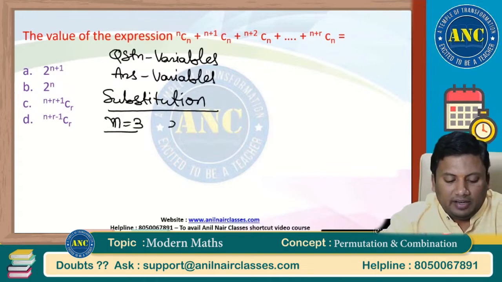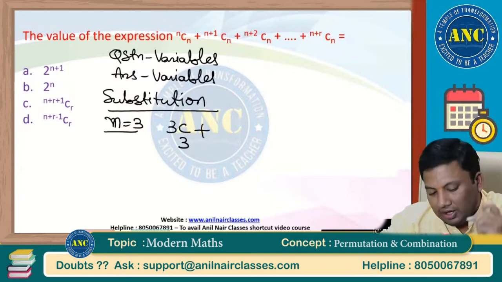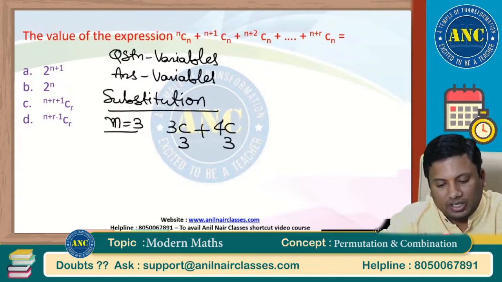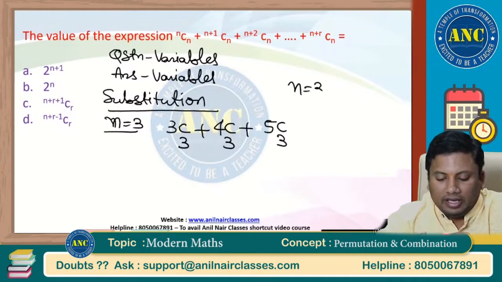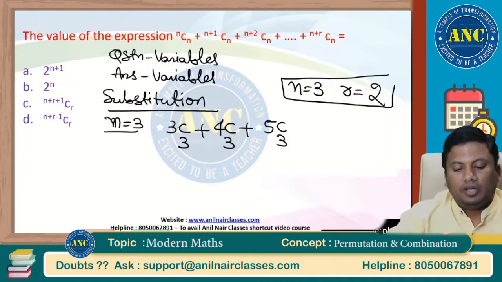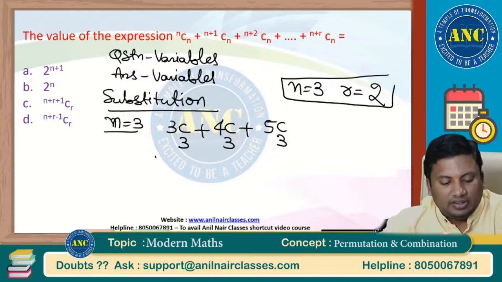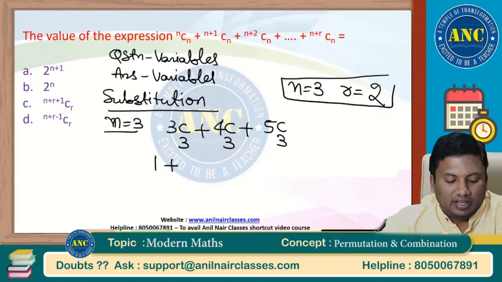If I take n value 3, these are 3C3, 3 plus 1, which is 4C3, 3 plus 2, which is 5C3. That means I kept n value equivalent to 3 and r value equivalent to 2. 3C3, out of 3 selecting 3, one way.